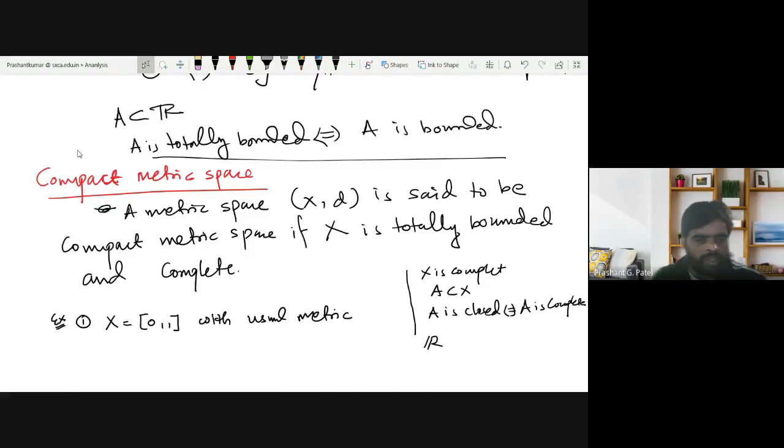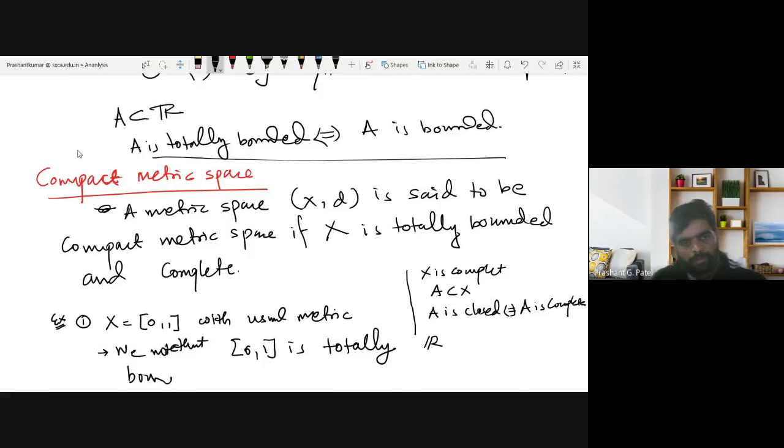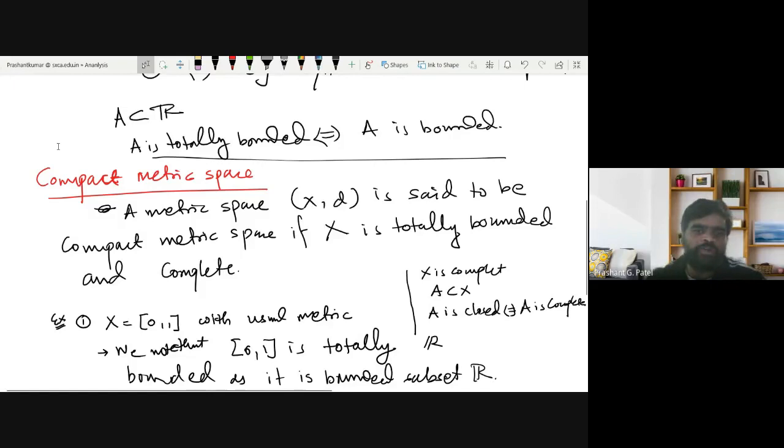So I can write this argument here. We note that this closed interval [0, 1] is totally bounded as it is a bounded subset of R. Because it is a bounded subset of R, it is totally bounded.